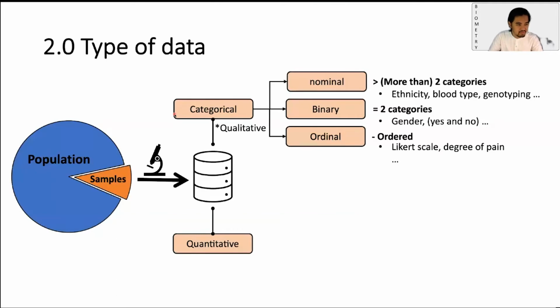If you have gone to the clinic, they quite commonly ask you between 0 to 10, how do you describe your pain? You say 10, which is very, very severe, or 2 or 3, 5, like bearable. This kind of information is considered ordinal data, which is categorized under categorical.